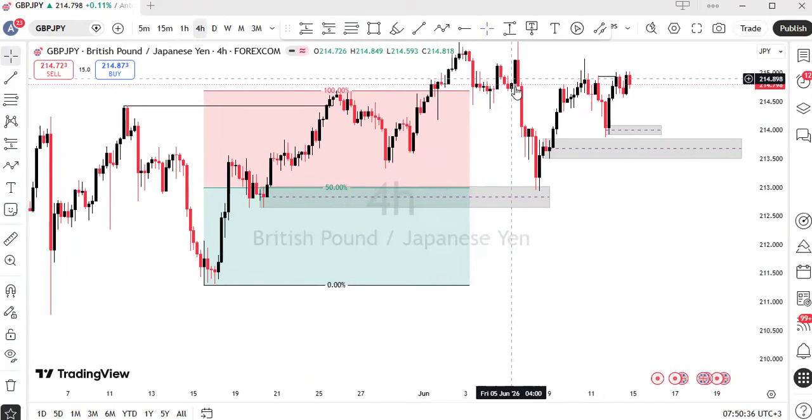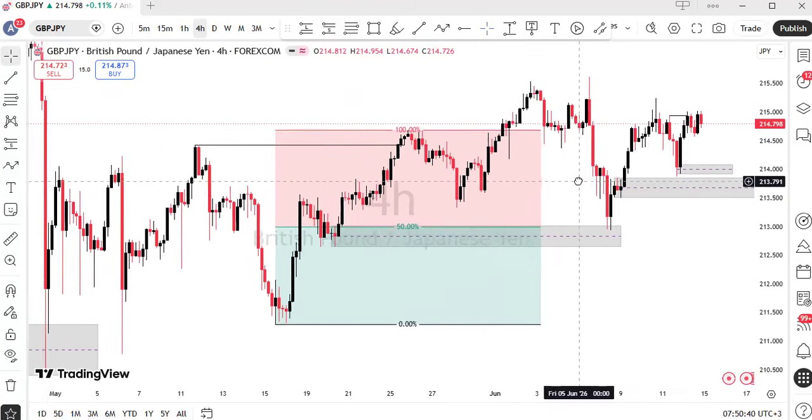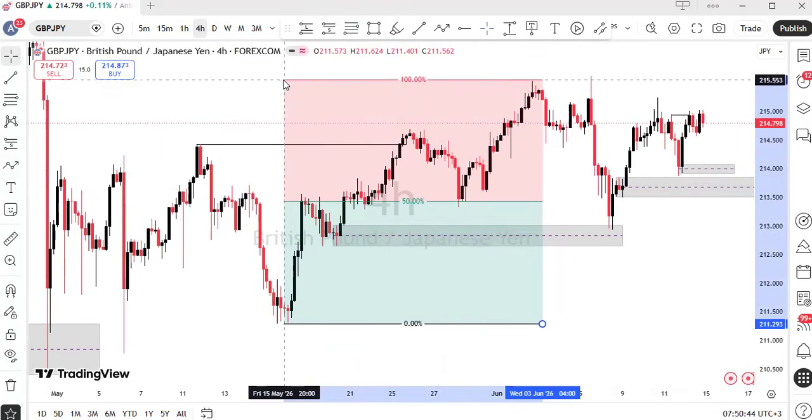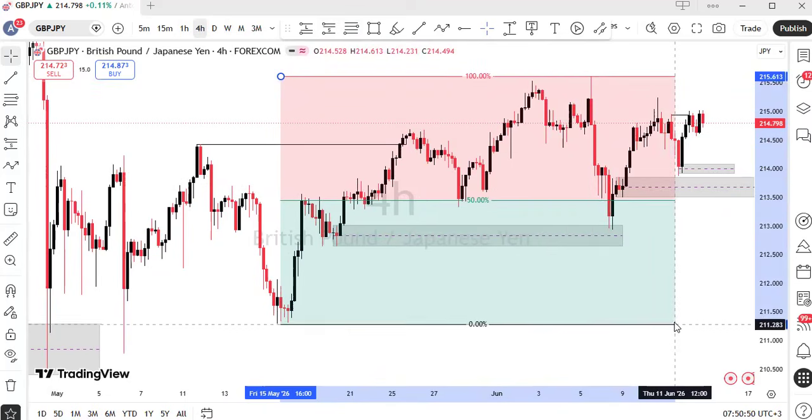That is why the market later on came down to this area before going up. So to me, from this low all the way to this high becomes one structure. That is just one structure to me.